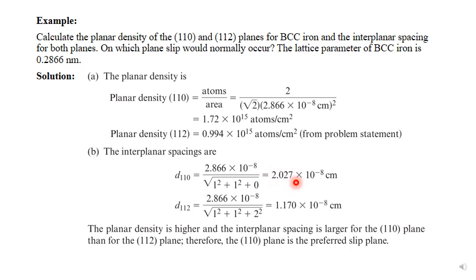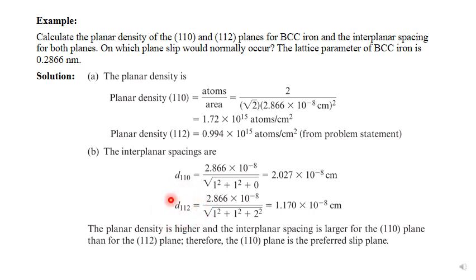And this gives us the interplanar spacing for 110, which is the spacing between each two successive planes, or the distance between one plane and the next one with the same indices, because you remember that planes with the same indices are parallel to each other. So here we calculated the interplanar spacing between them.